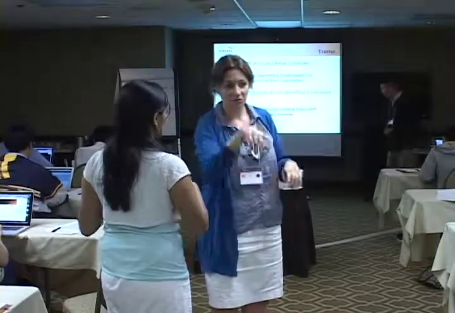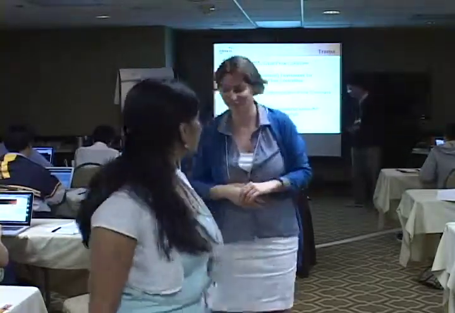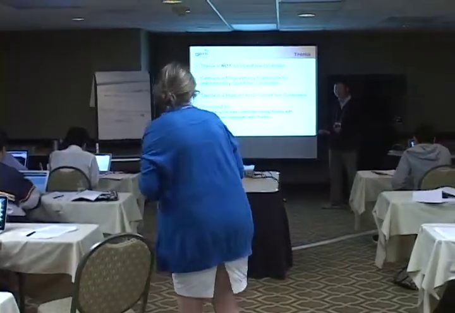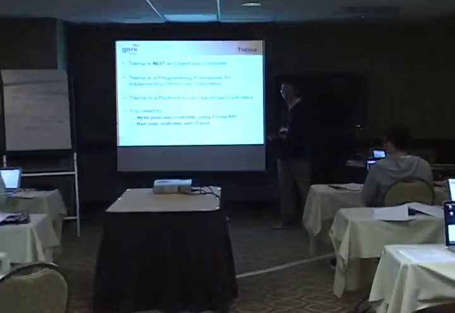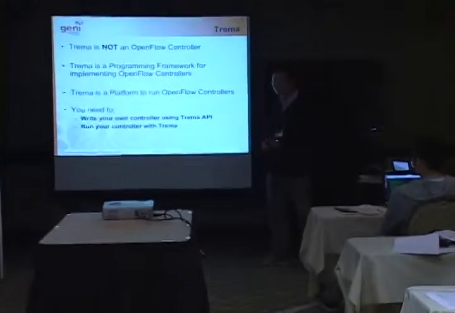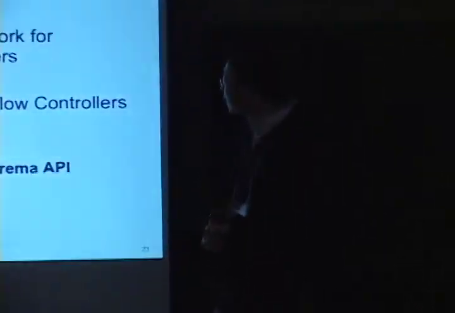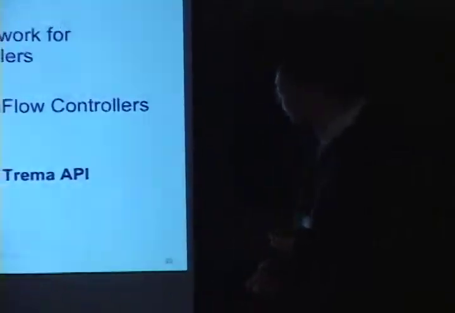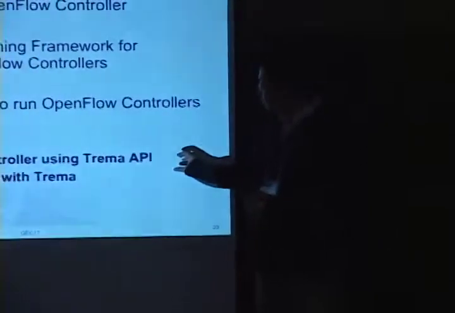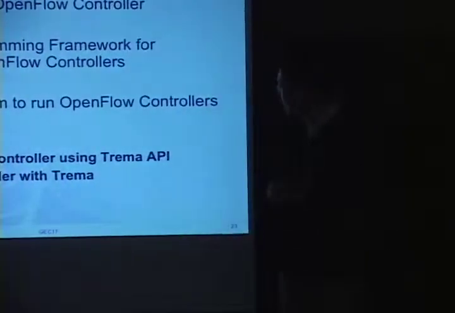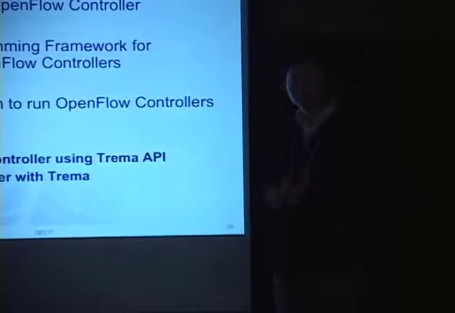So basically, Trema is not an OpenFlow controller. Trema is a tool or a platform on which you can run your own OpenFlow controller. One of the advantages of Trema is that it gives the user a set of OpenFlow APIs that you can use directly to define your own OpenFlow controller.